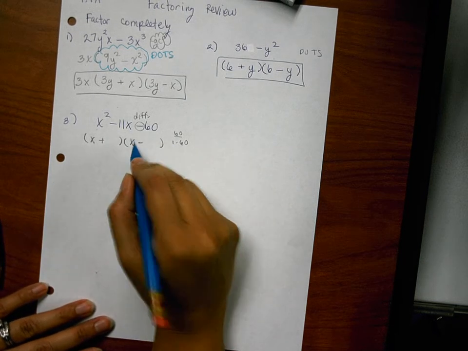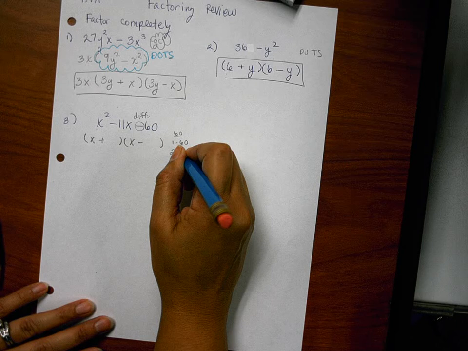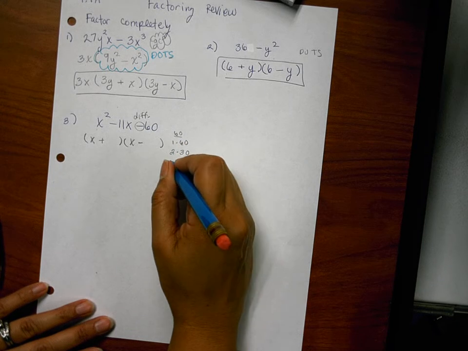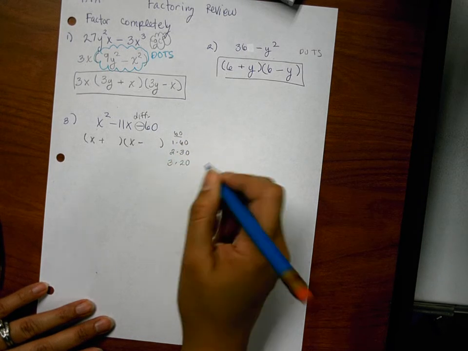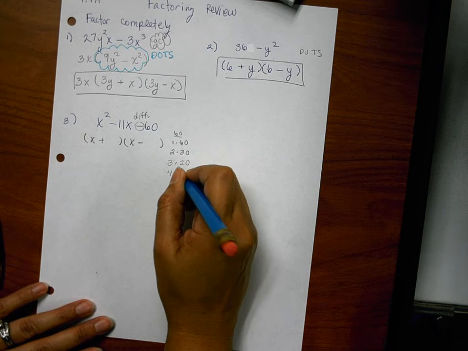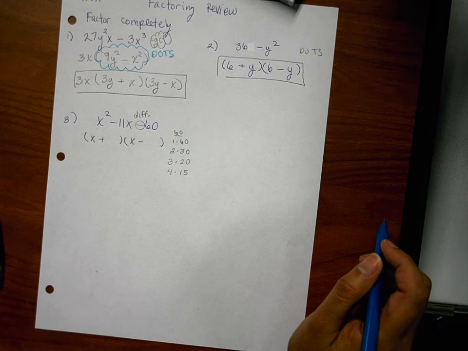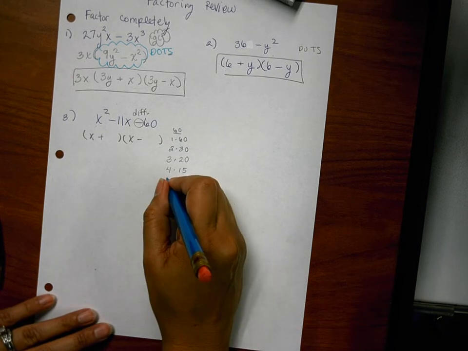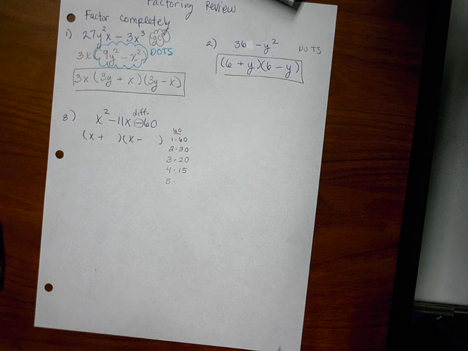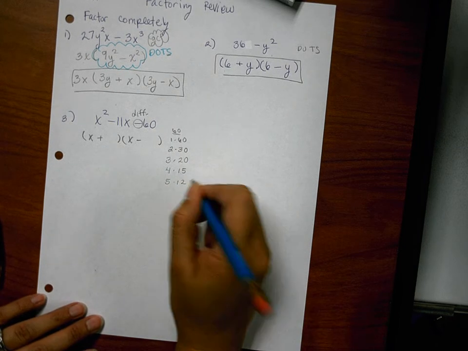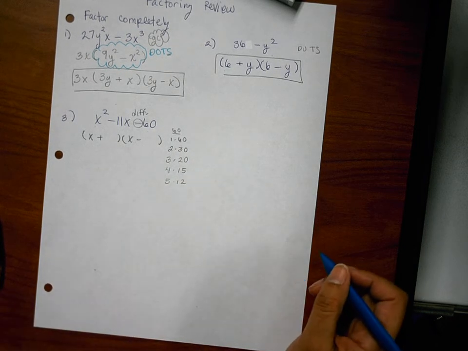One being positive and one being negative. Okay, so 2 and 30, 3 and 20, 4 and 15, 5 and 12, and you just keep going through until you find them.